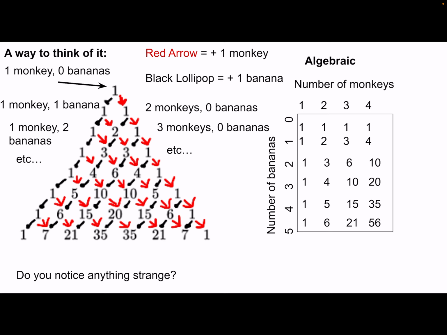So the number of monkeys is which column of Pascal's triangle it will be on, and the number of bananas is which row of it.